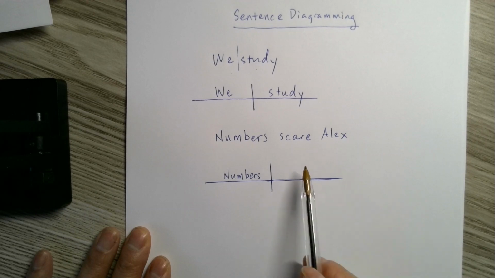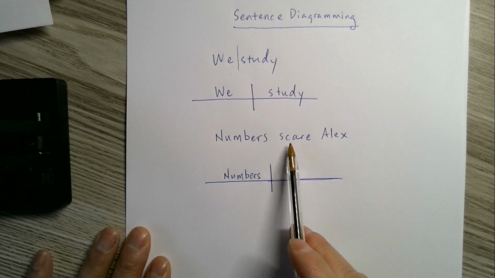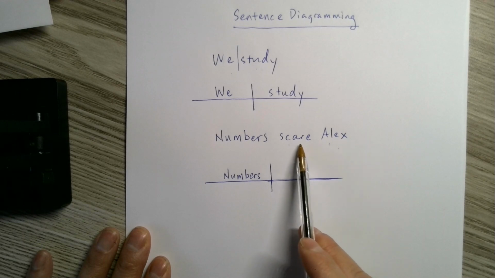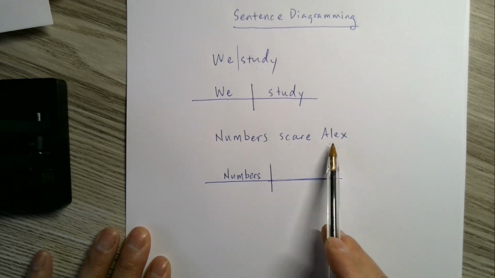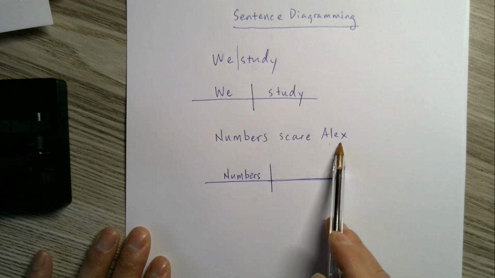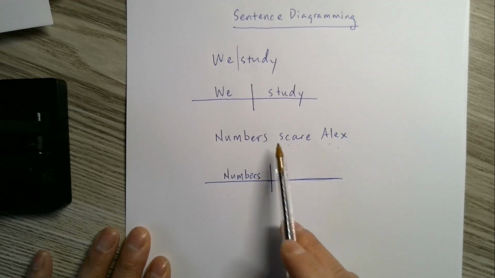And this time the predicate has two words, scare Alex. But you probably noticed already, these two words each serve a different purpose. Scare is the verb, and Alex is the thing, or the person in this case, that gets scared by the numbers.